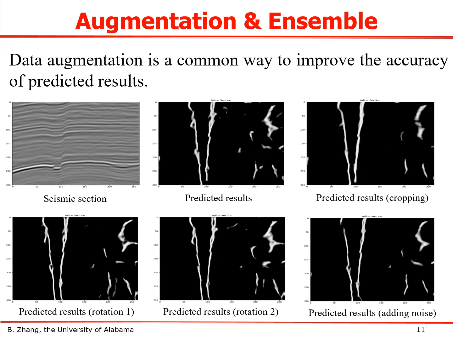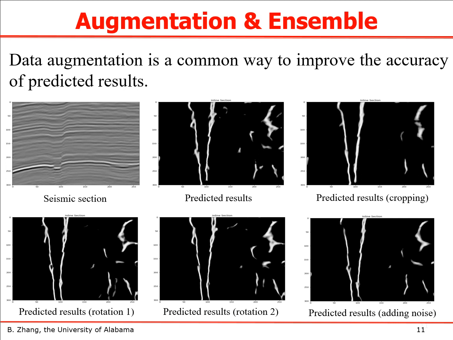And here, this figure is the original seismic data, and this is the predicted result using the original training data, with no data augmentation. This figure is the predicted result after cropping the training data and then interpolating the training data.